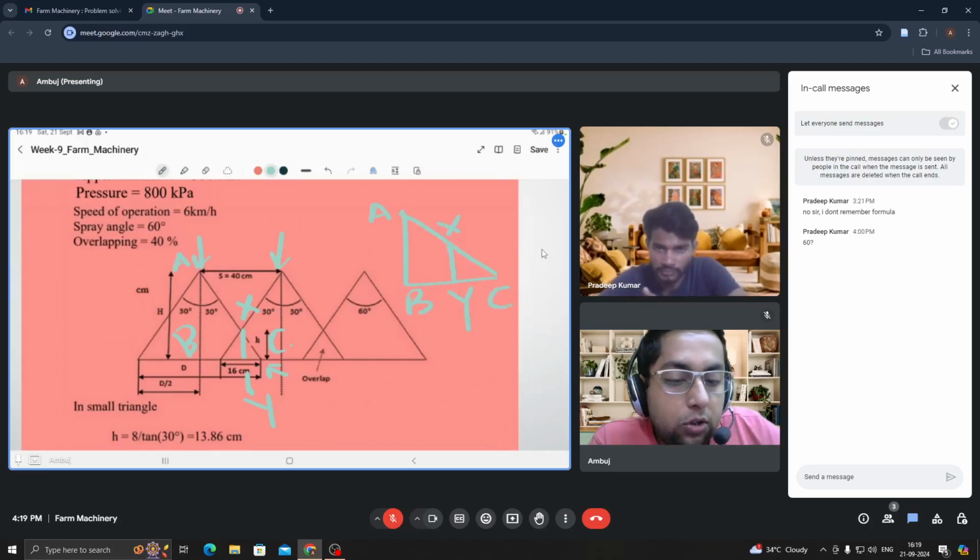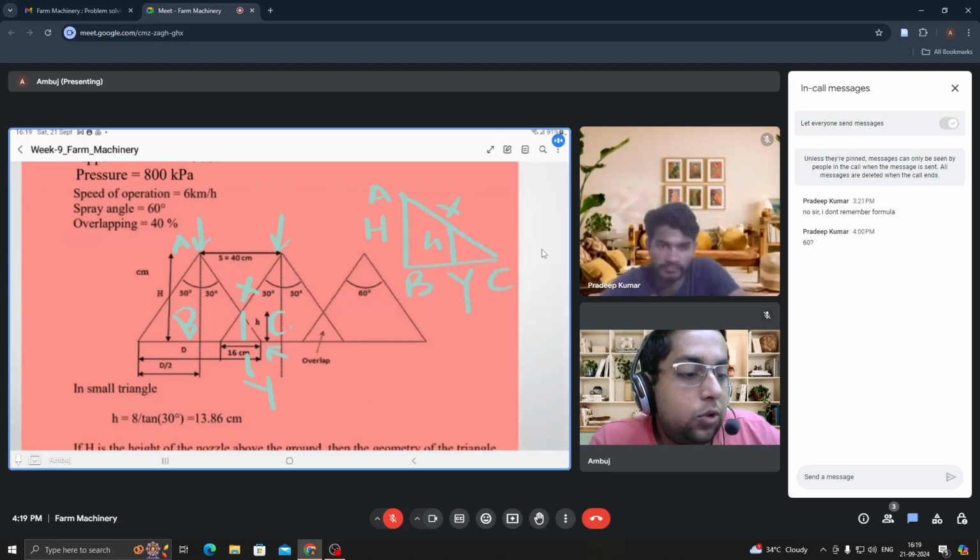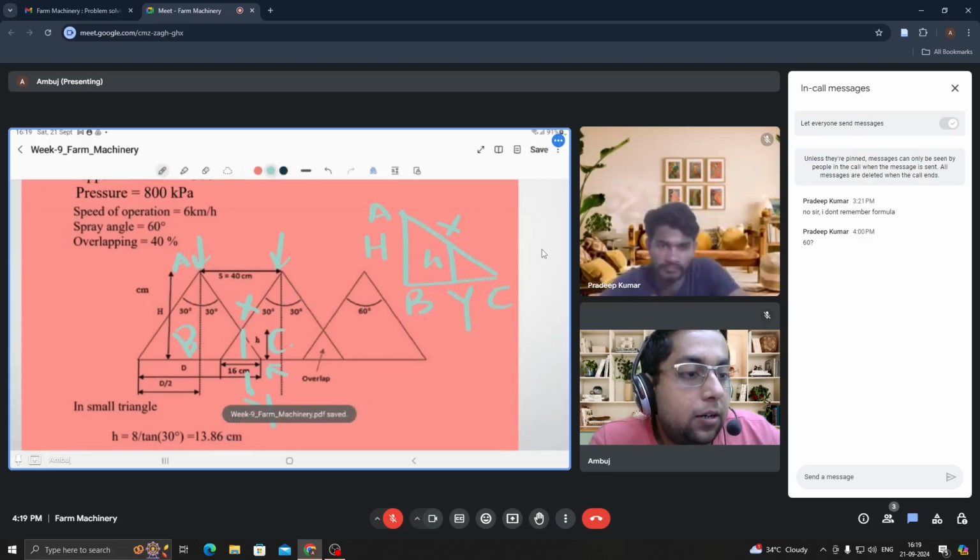AB I have been provided as capital H, XY as small h. Then you try to see here, the BAC angle would be equal to 30 degrees, and similarly the YXC angle would be equal to 30 degrees. Do you agree?